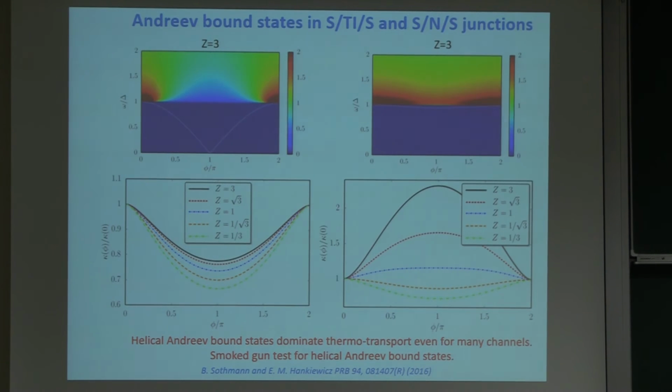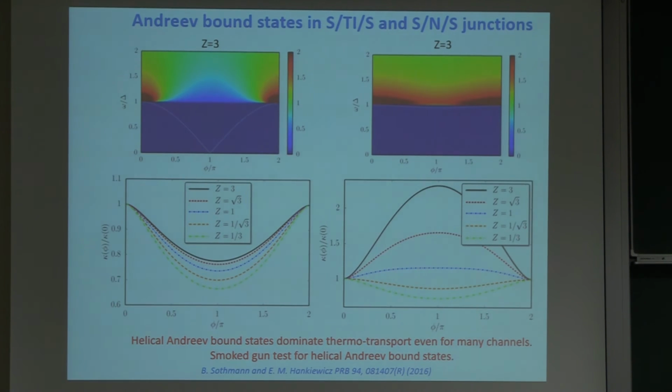So at the beginning, this ballistic Andreev bound state would also be in the gap, but then with the barrier, I will push it to the edge of the gap, and I actually can change the character of the density of states above, because now instead of having a minimum, I am getting a maximum, because this Andreev bound state in some sense is adding to the density of states here and enhancing it. So my heat conductance as a function of phase would actually have a maximum instead of a minimum.